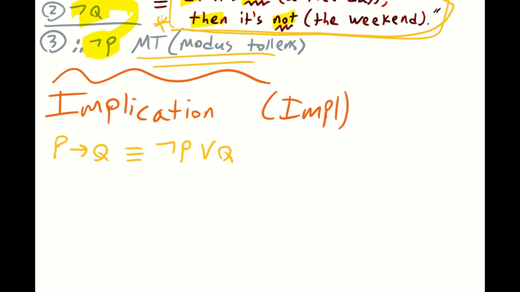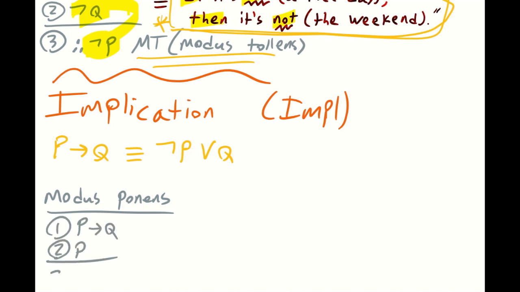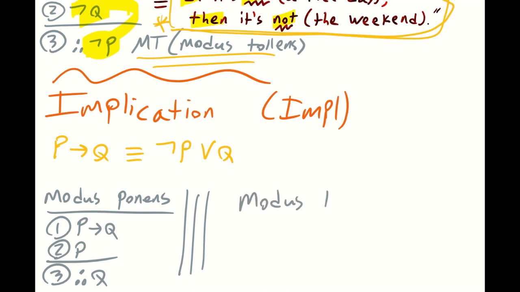So on the one hand, we have modus ponens. First premise, if P then Q. Second premise, P is the case, and then from those two premises, we're able to arrive at the conclusion that Q is the case. Versus modus tollens.